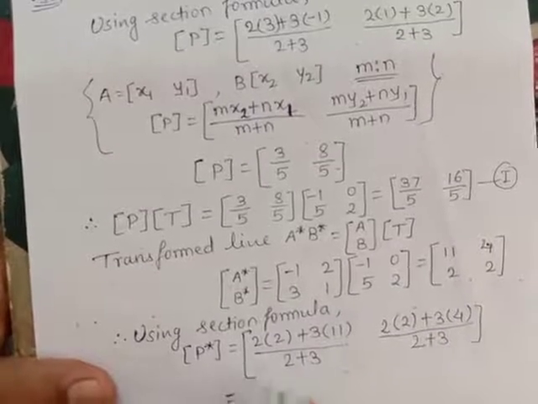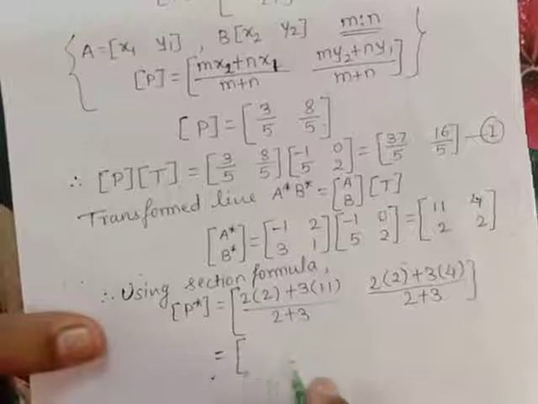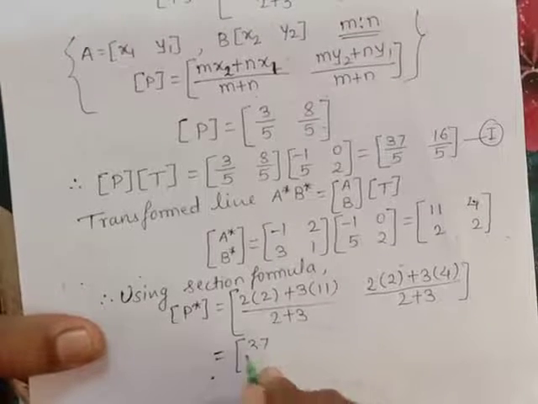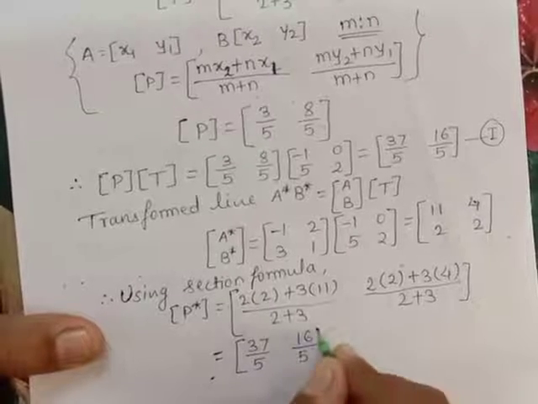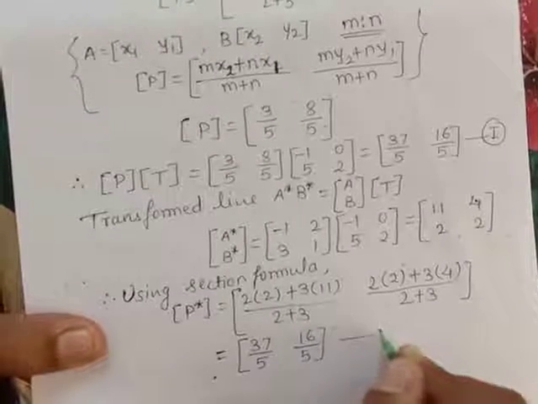So this is again 37/5 and 16/5. Call it equation number 2.